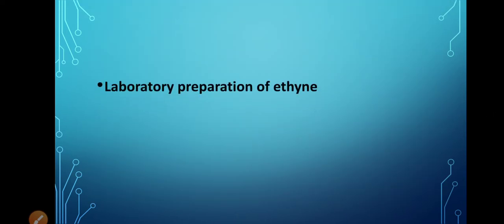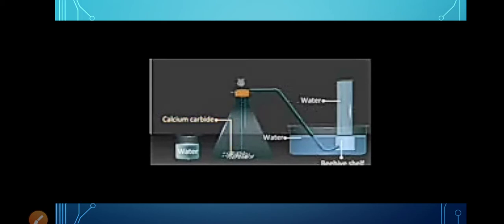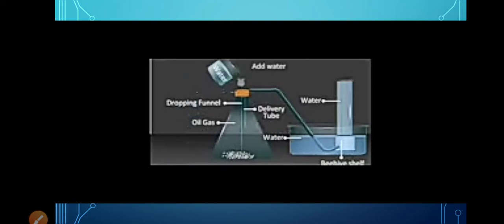Now coming towards the laboratory preparation of ethyne. Students, here the laboratory preparation of ethyne is being shown. We have a conical flask containing calcium carbide, and a dropping funnel with a delivery tube as shown in the figure, and oil gas is used to replace the air inside the conical flask, because ethyne gives a very explosive reaction with air.